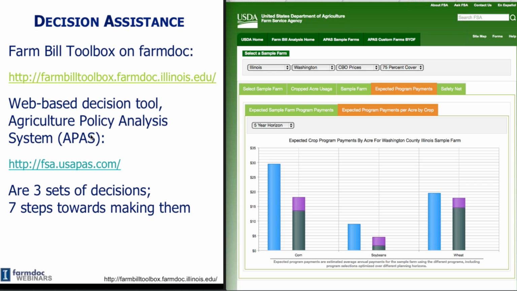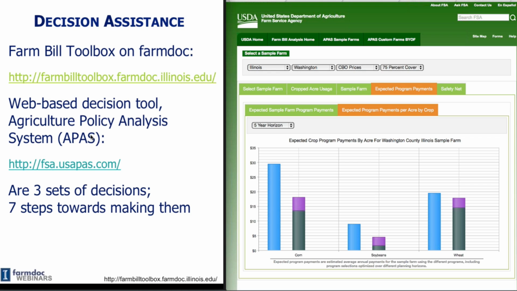Payment limits. If you have a payment, there are payment limits. It's $125,000 per individual. So if you have two individuals involved in the operation, it's going to be based on Social Security number. Two individuals, $250,000. One individual, $125,000. There also is an AGI limit of $900,000.